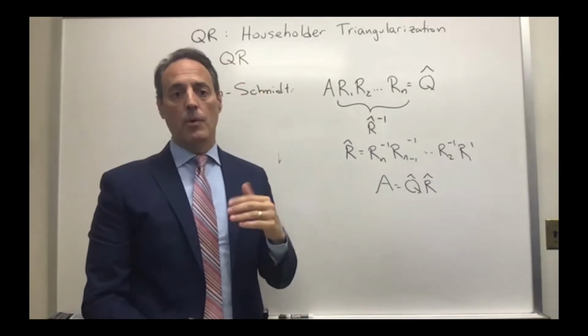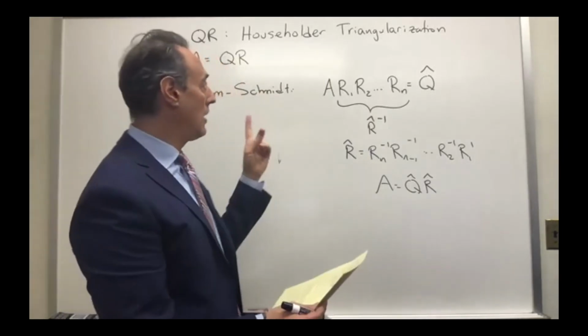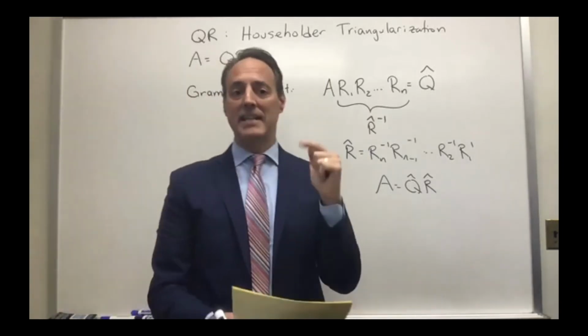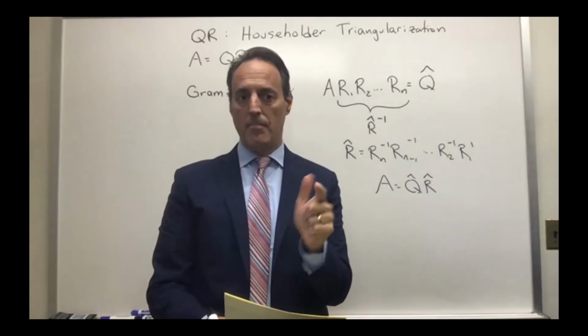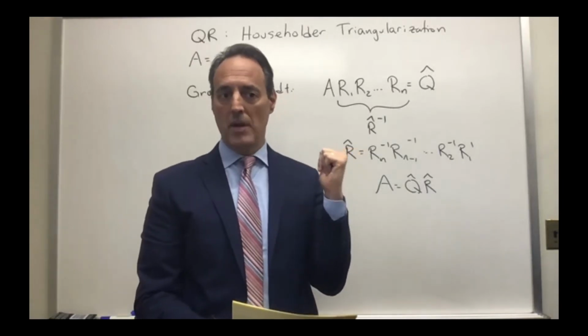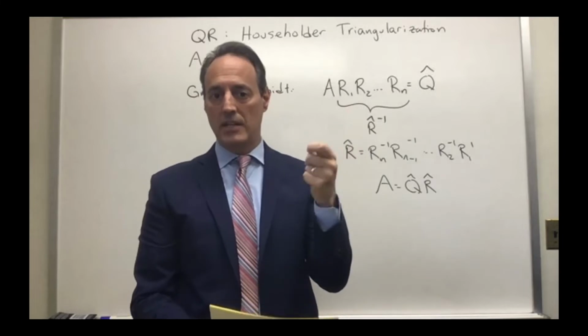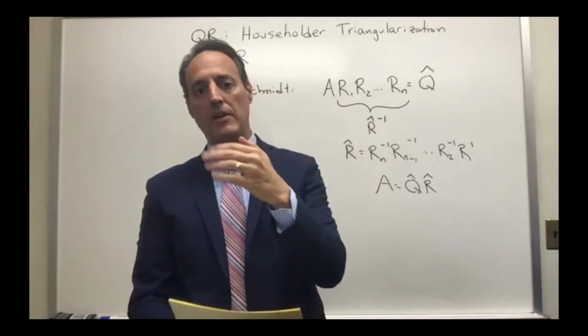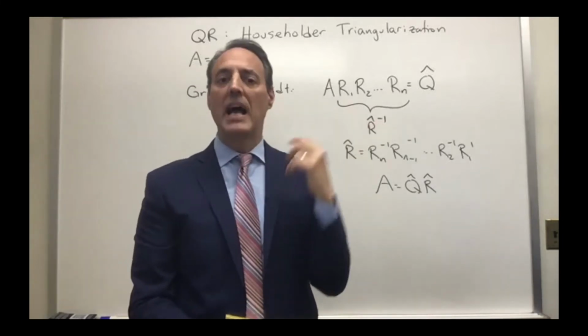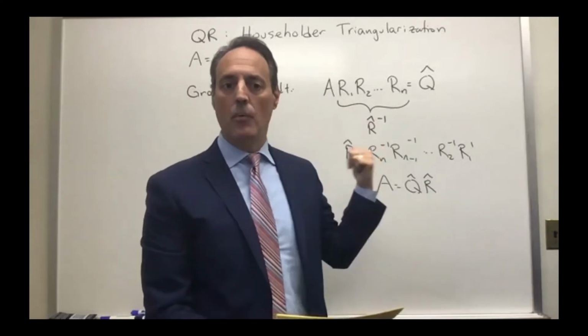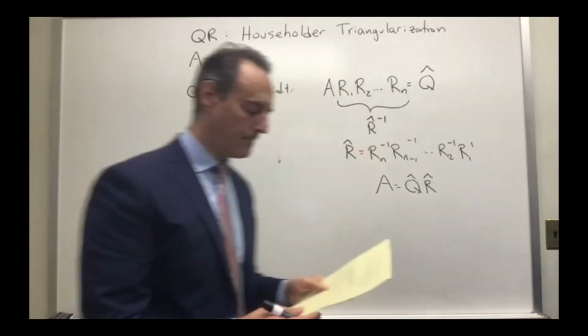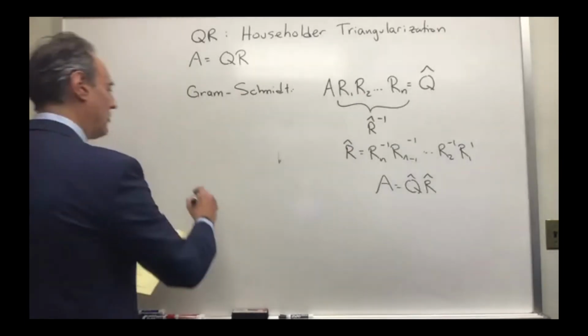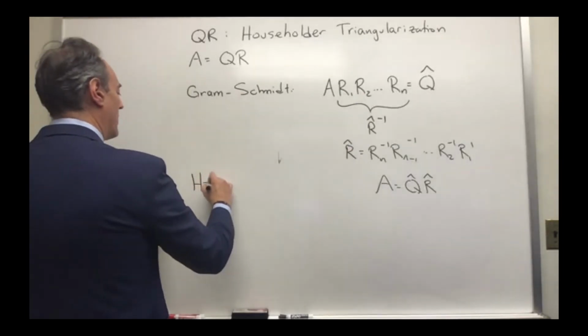Okay? And what we're going to see is Householder triangularization is another iterative scheme, much like Gram-Schmidt, where we find one, find the next, and it's iterative, and then you span your whole space. And the question is, how is it doing it differently than what Gram-Schmidt is doing here? In fact, Householder is going to take a different tack.